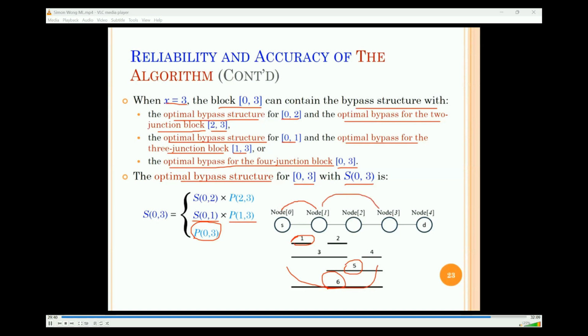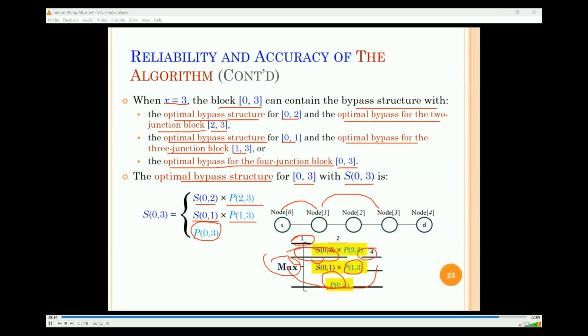Or this one, the optimum bypass structure between node 0 and node 2, this can be two optimal bypasses, or one optimal bypass with this one, the optimal bypass between node 2 and node 3. So this ensures the highest, which is the maximum.